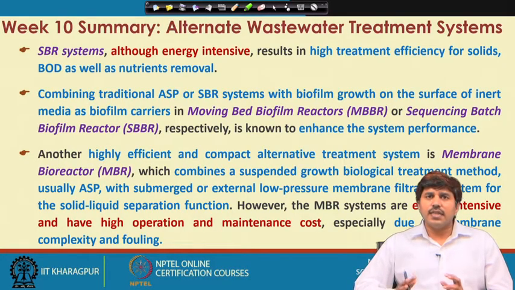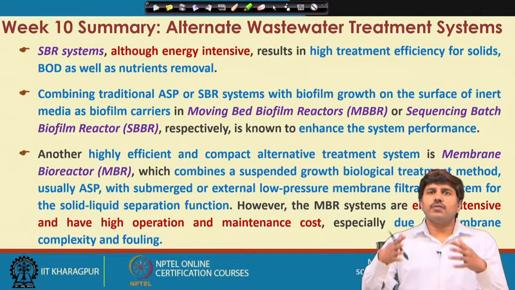There is another highly efficient and compact alternative treatment system in the form of the membrane bioreactor. It combines suspended growth biological treatment systems like ASP with submerged or external low pressure membrane systems for solid liquid separation.